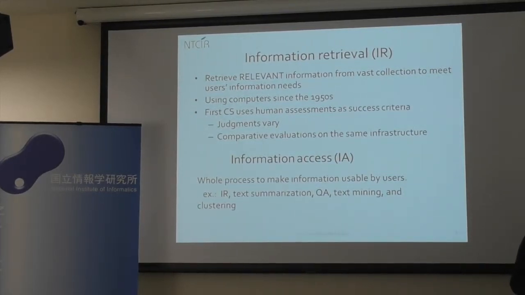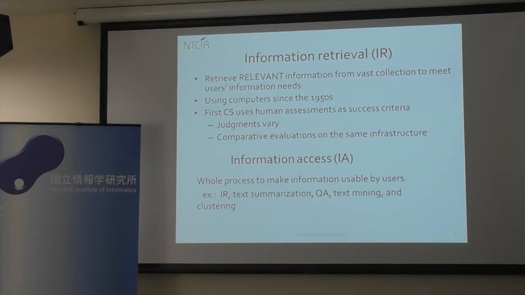It was the first area of computer science using human assessment as the success criterion, that is, a judgment value that depends on the user and on the situation. That makes research in information retrieval interesting and also difficult.